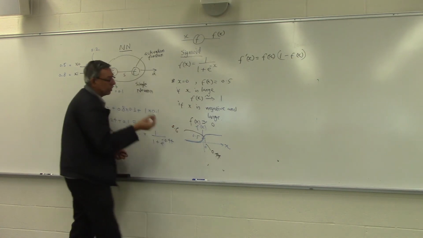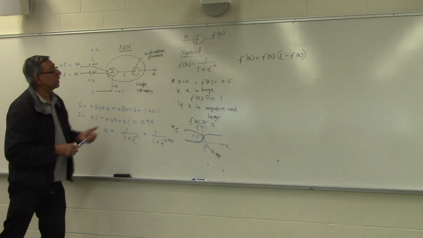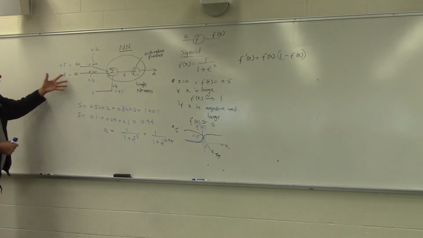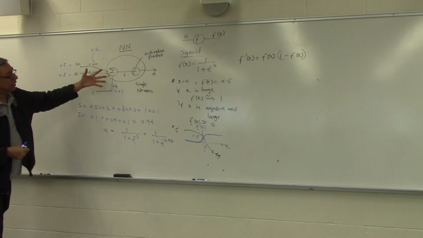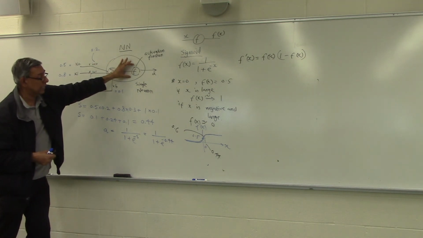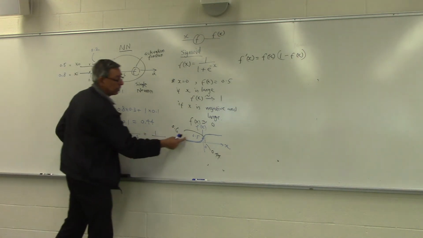I don't know, maybe it will come out to be 0.6 or 0.7. So that's how we can compute the output, right? Okay, so this is how we create a single neuron. And the purpose of the sigmoid, as you can see, is to make sure the output stays between 0 and 1.